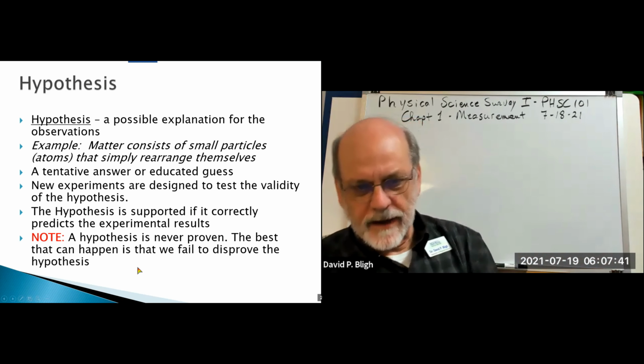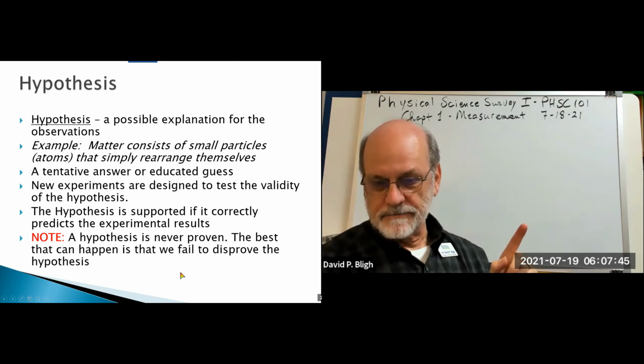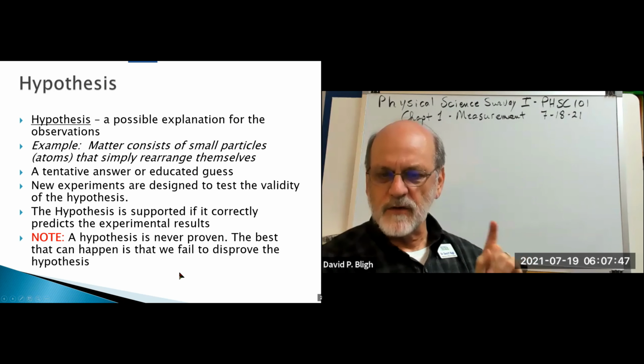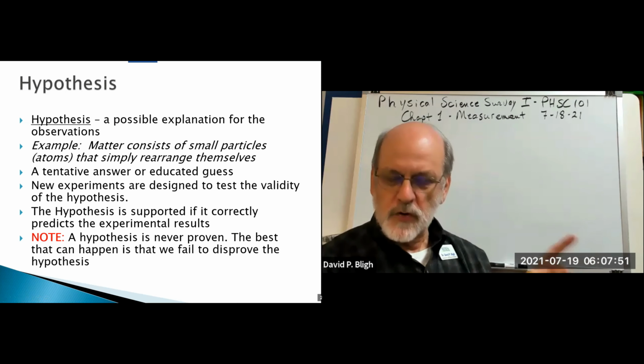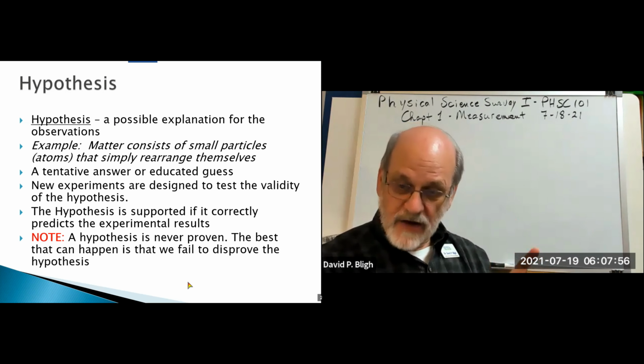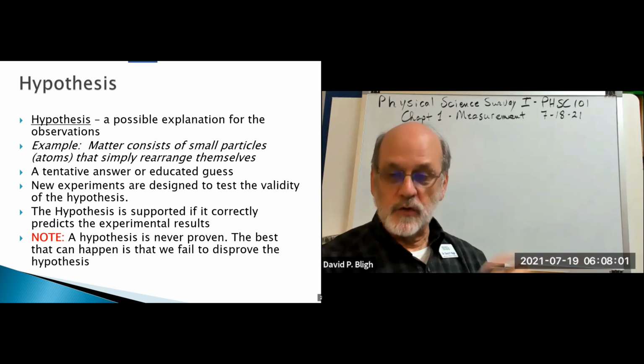So I'll leave it at that for now. And that's what this note says at the bottom. The hypothesis is never proven. In other words, you can't say that my experiment proves the hypothesis. What you actually are doing is you fail to disprove the hypothesis.